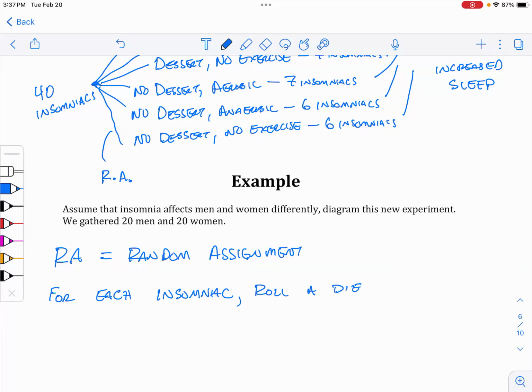Now, again, this is the general way. Technically, we would do a random number generator, but we want to just explain the concept.